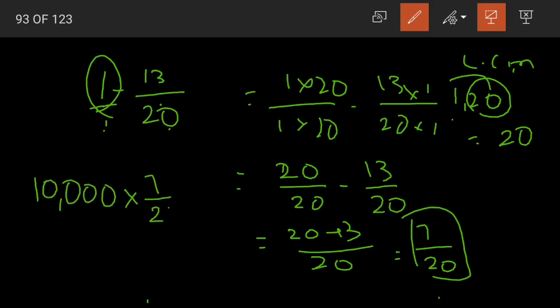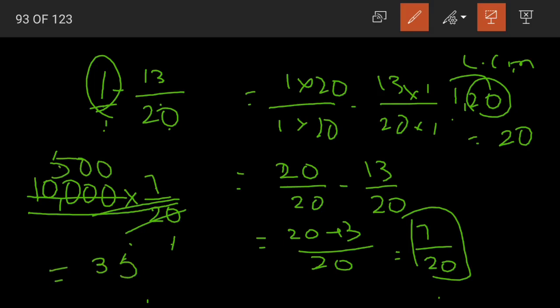So from this 10,000, 10,000 into 7 divided by 20. 20 ones are 20, and 2500s are 10,000. 500 into 7 will give us 3,500 as the answer.